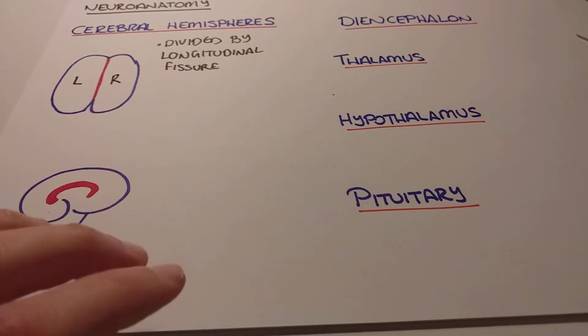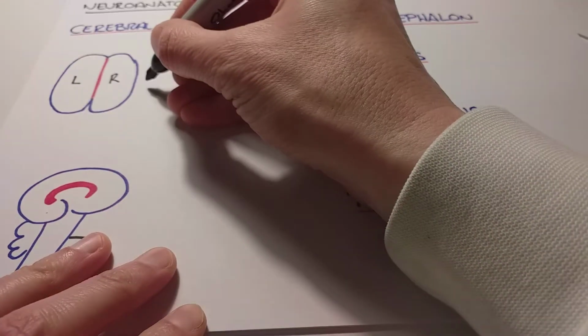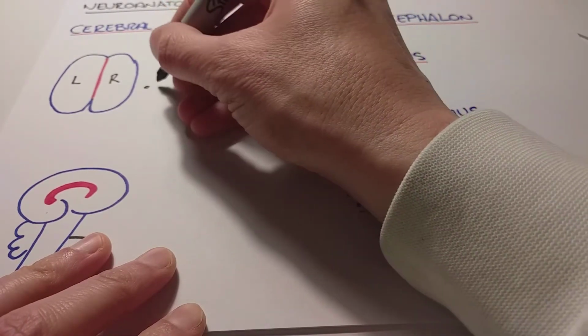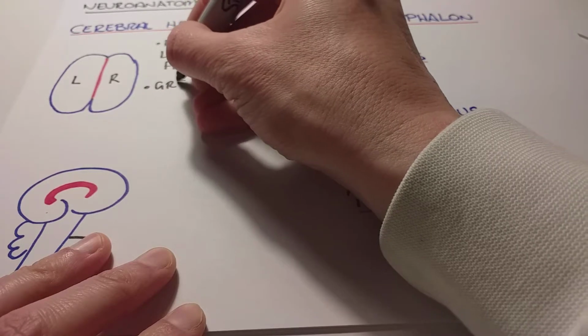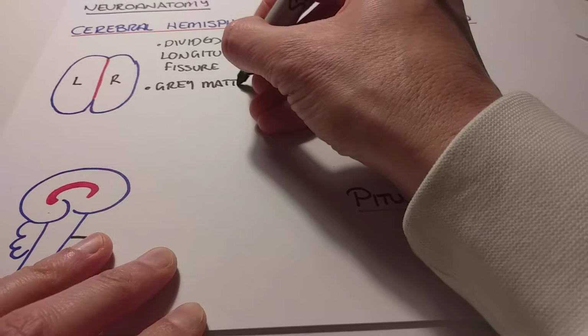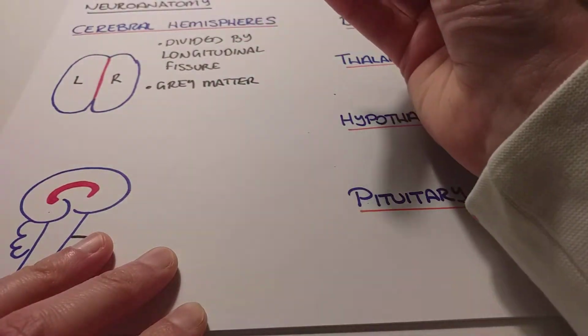Each hemisphere has an outer layer of grey matter, and that is known as the cerebral cortex.